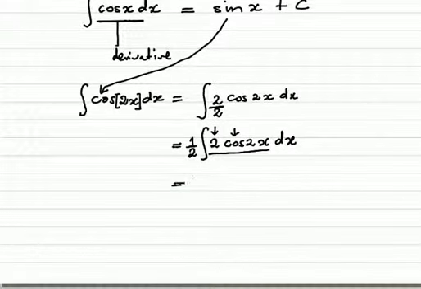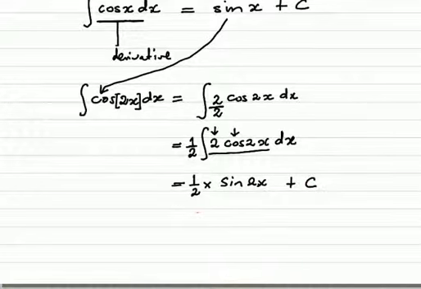In this case, we write half times the function which was differentiated to get us under the integral sign, which is sine 2x, and then we can add a c, and then simplify, write this as sine 2x over 2 plus c.